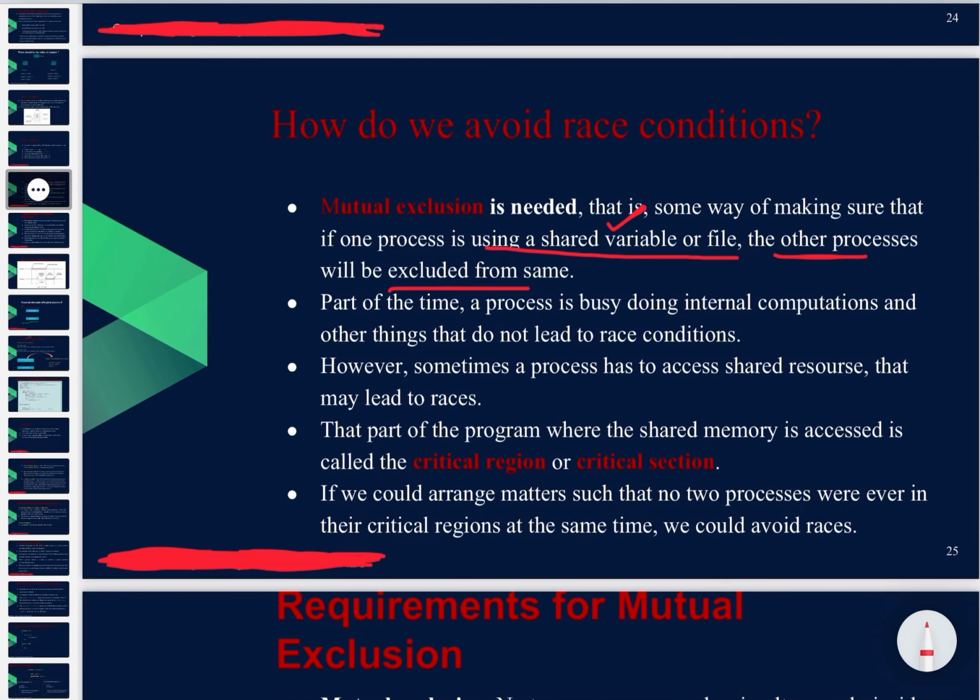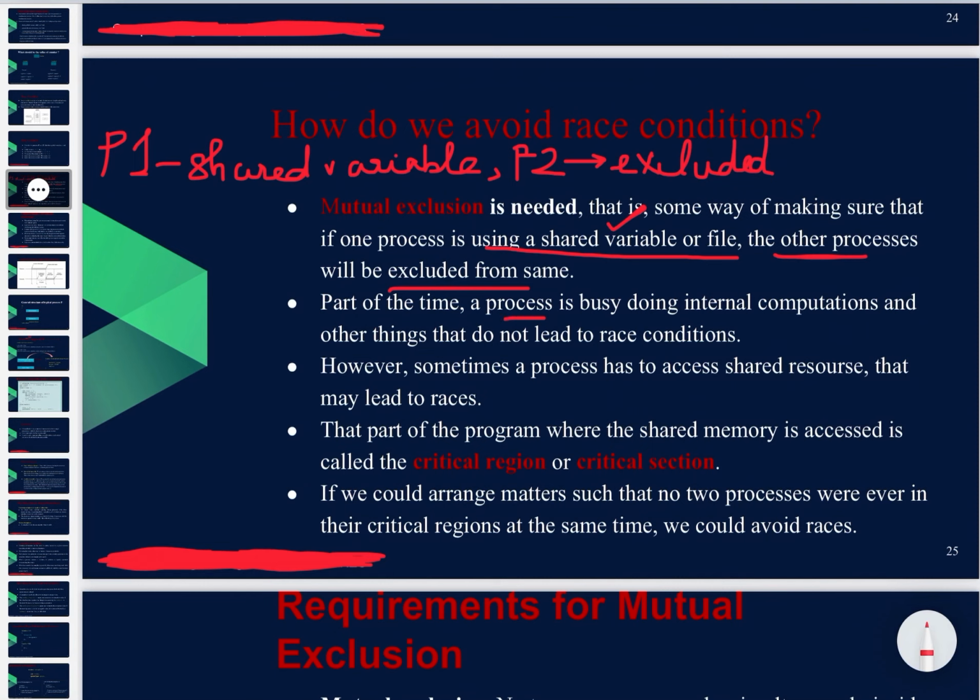You exclude the other process from using the shared variable. So if P1 is using the shared variable or file, then the other process, P2, will be excluded from using that particular shared variable or file.